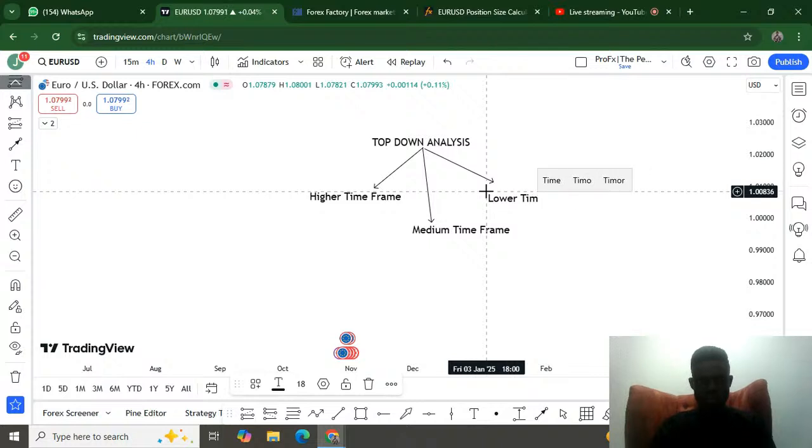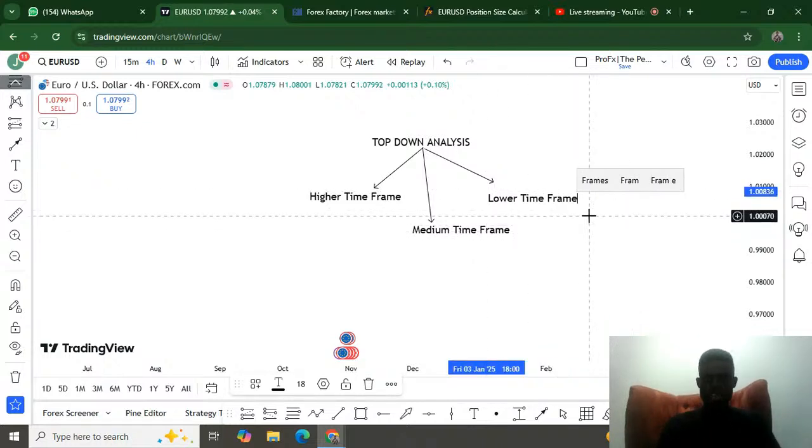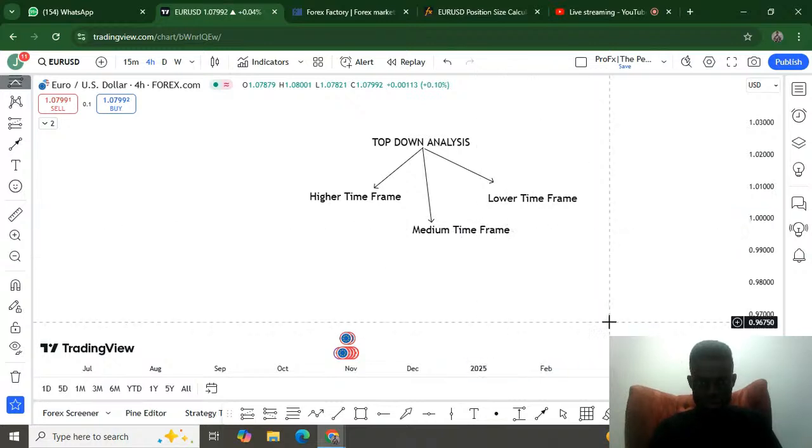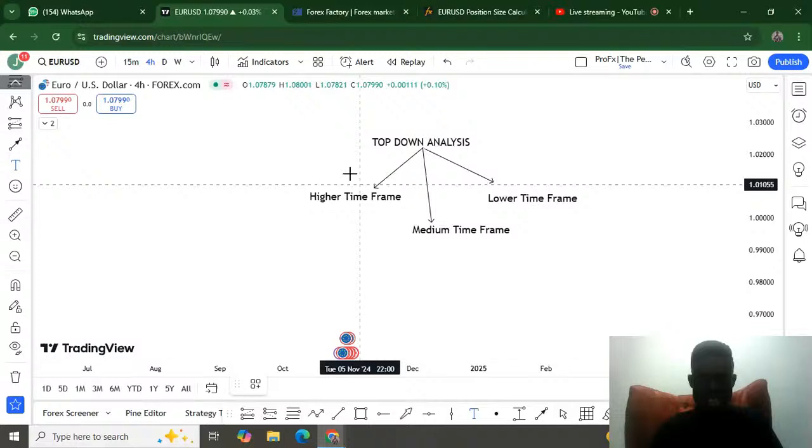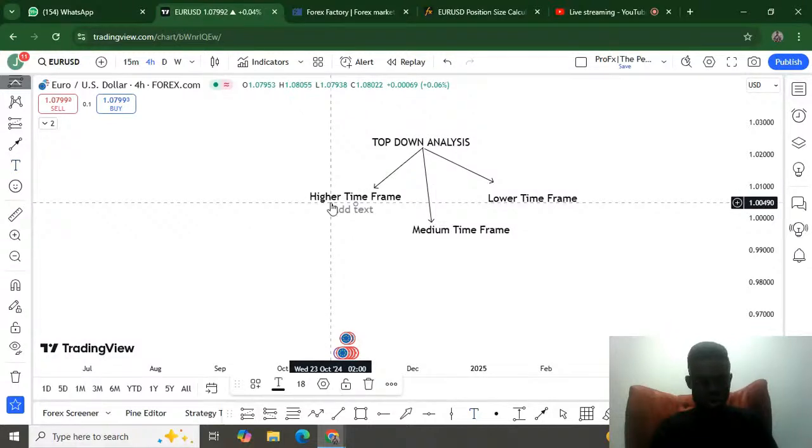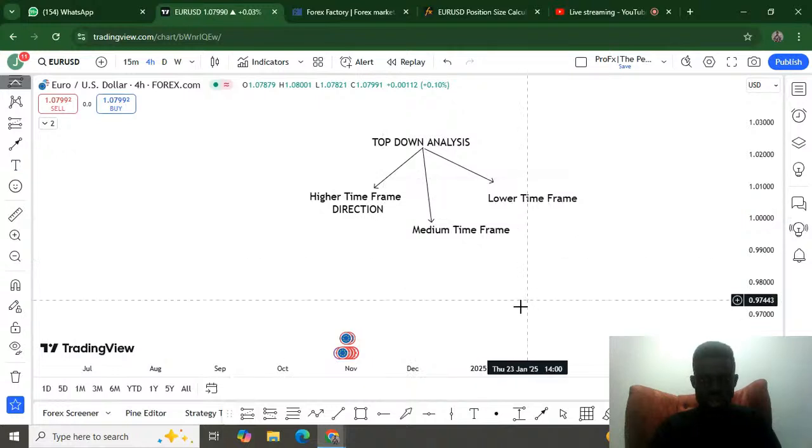So now, what time frame are we going to be using for each of these analyses? Higher time frame is for direction.